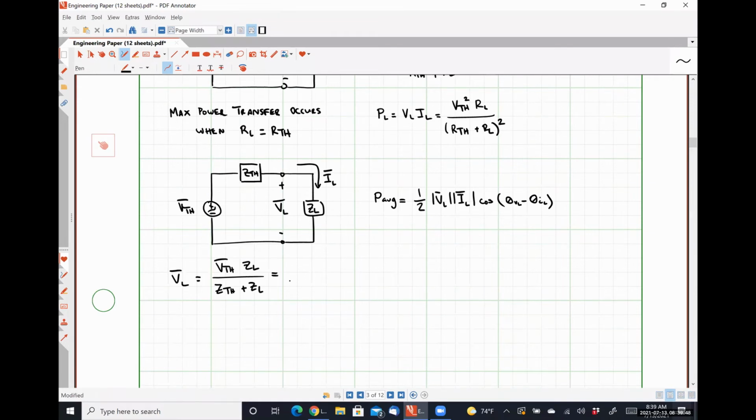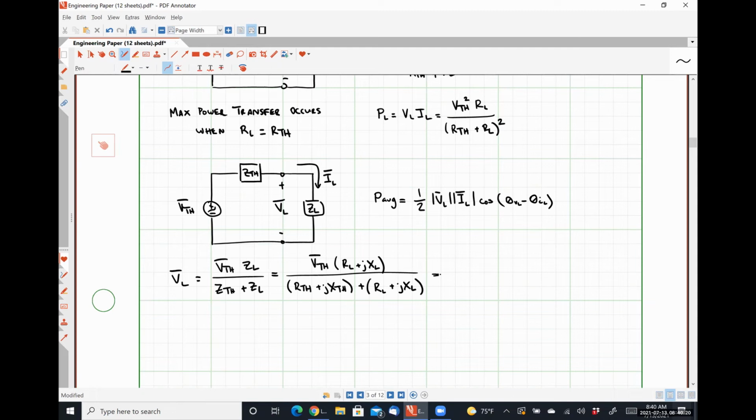So in my denominator here, that's going to look like RTH plus jXTH plus RL plus jXL. And in my numerator, I still have my Thevenin voltage phasor, and then I'll just have RL plus jXL.